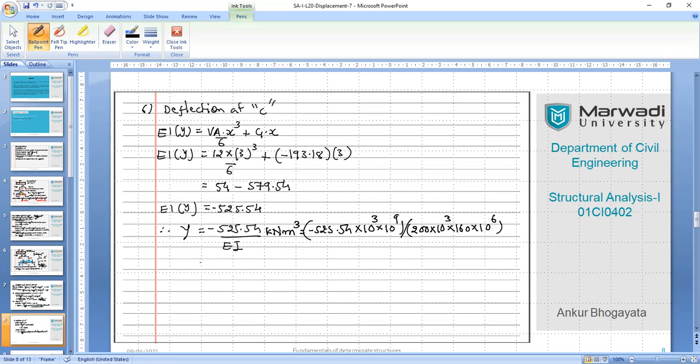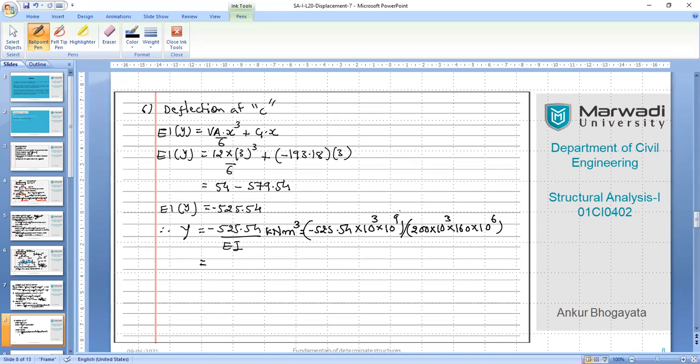Okay. So this is how we can now go ahead. 525.54 into 1000, right? Or we may directly operate this 9 plus 3 is 12, and this is 6, so balance is 3, right?